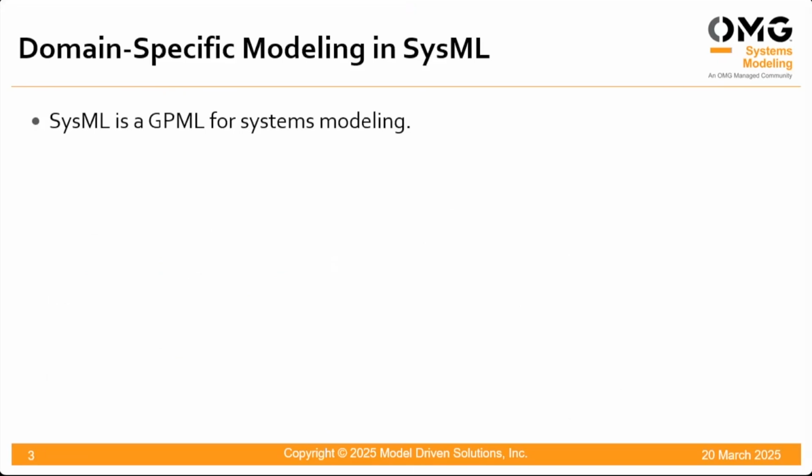SysML, we're going to, for this purpose, consider a general purpose modeling language for systems modeling. Now, domain-specific is actually a relative term. You could consider that being specific for systems engineering is itself kind of domain-specific, but I think most people will consider SysML to be fairly general purpose.